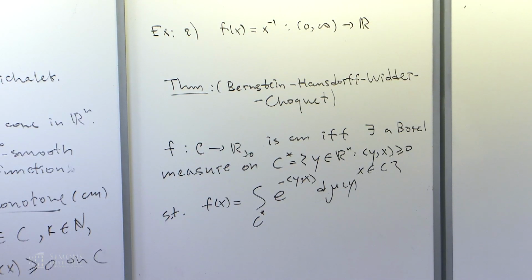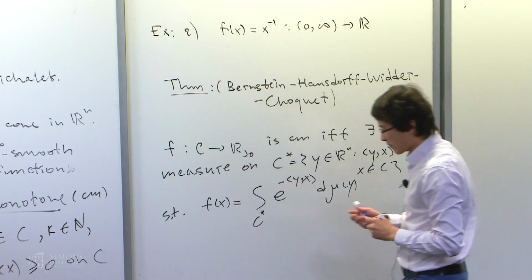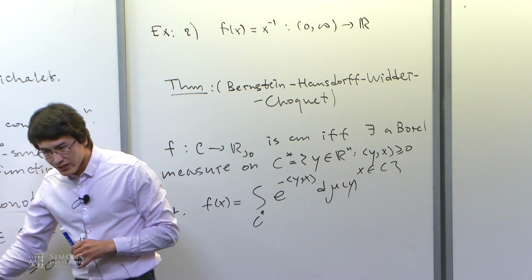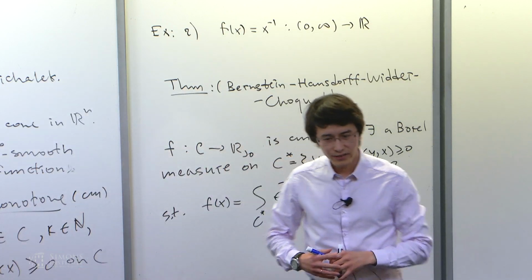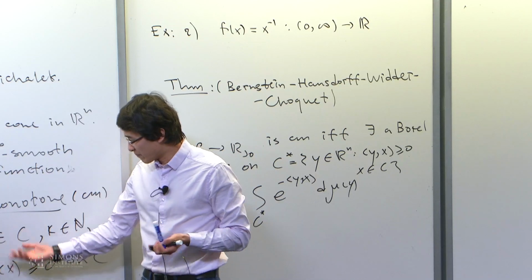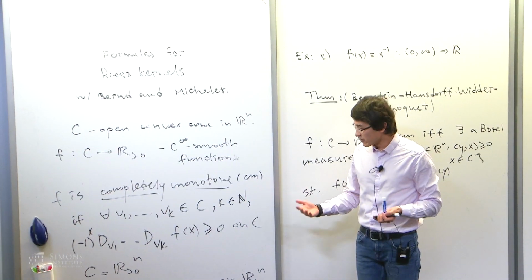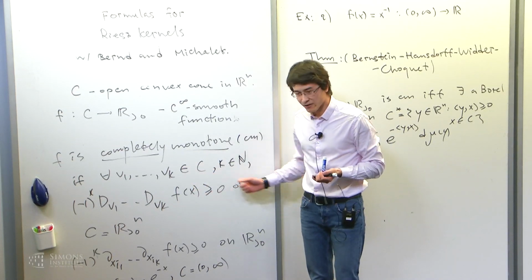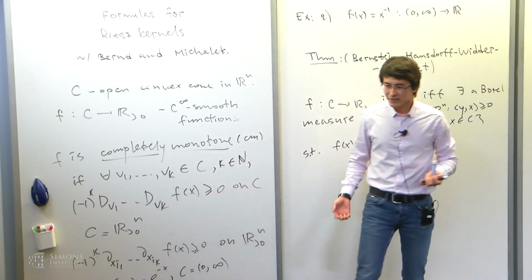This theorem is very powerful because this condition tells you that infinitely many conditions hold for f. In particular, when f is the inverse power of a polynomial, you will get infinitely many non-negative polynomials on C, for example on the positive orthant.